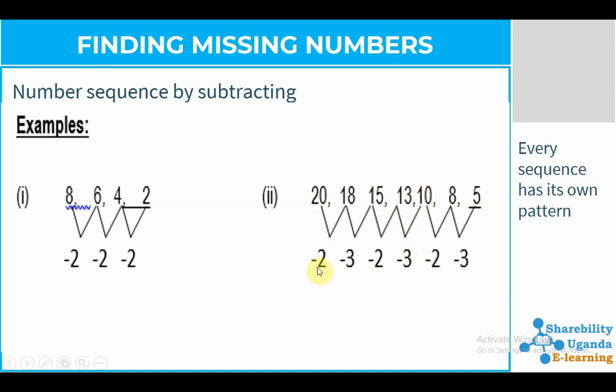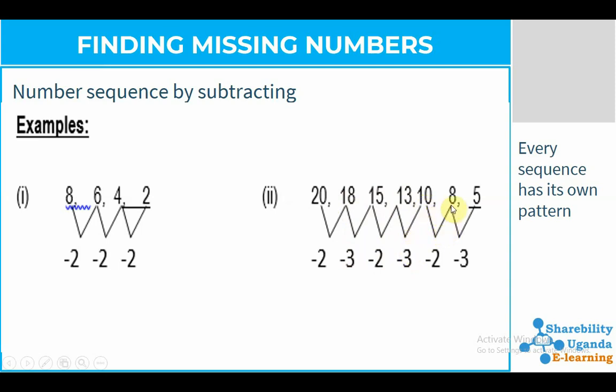That means they are using our first number, they subtracted 2, they got the difference, which is 18. 18 minus 3 you get 15. 15 minus 2 you get 13. 13 minus 3 you get 10. Okay, so you can see that from here it is giving us a difference of 2 to 3, 2 to 3, 2 to 3. So here we shall still use the same what?